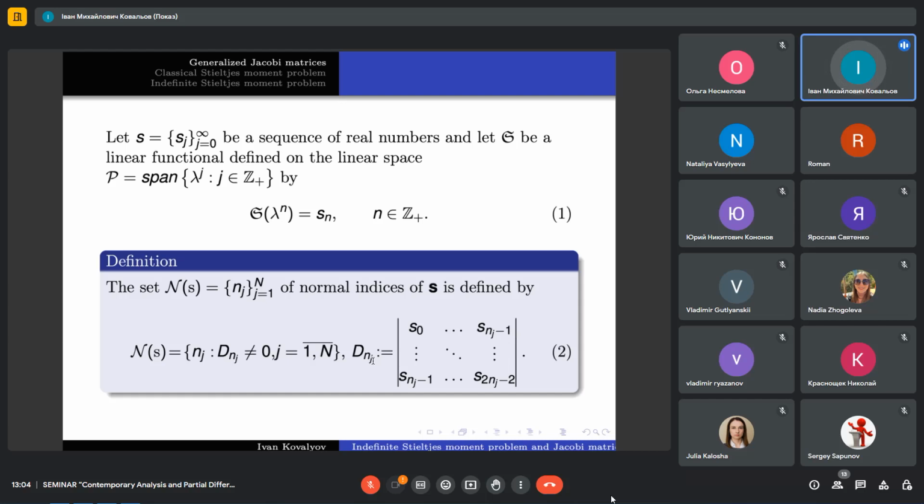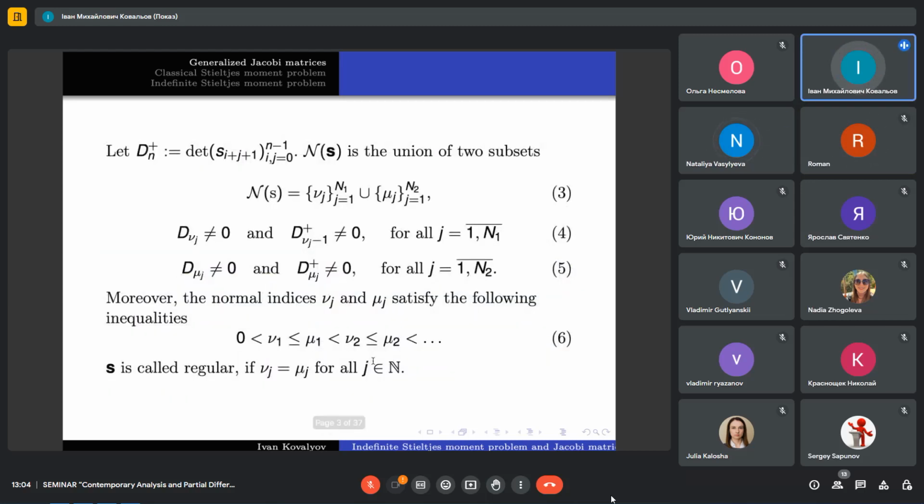Yes, but we consider the linear functional on the span of the monomials, for example 1, lambda, lambda squared, lambda cubed, and so on. Polynomials. Yes. Okay, thank you.